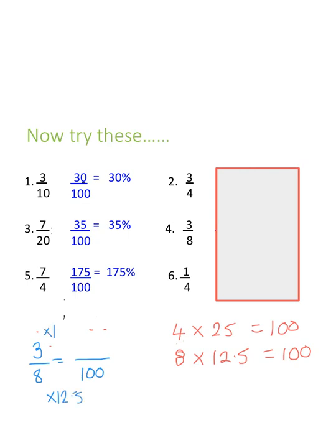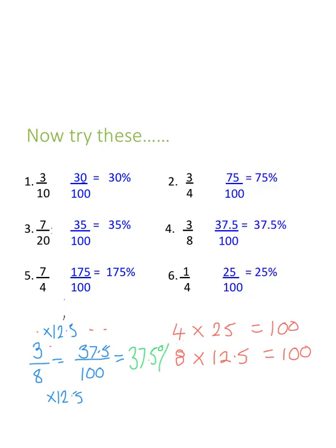So 3 times 12.5, 3 12s, 12, 24, 36. 3 halves is 1.5, so that gives me 37.5 divided by 100. So now I know that 3/8 we can write as 37.5%. It's worth remembering that one, it does come up a lot.